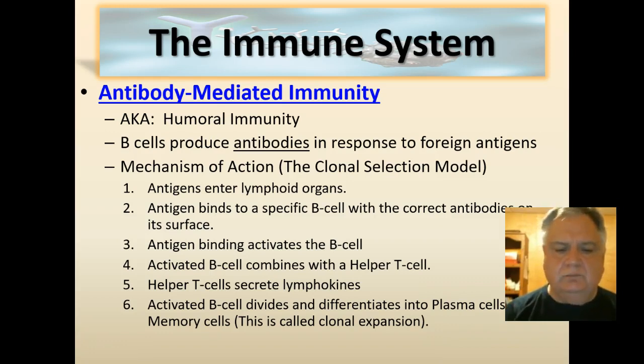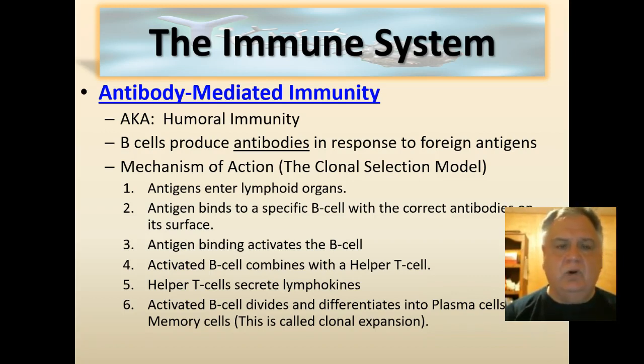Once the T cells secrete the lymphokines, let's turn our attention back to the activated B cell now that it has docked with the T cell. The B cell, in response to the cytokines, is going to begin to undergo mitotic divisions, and these cells will differentiate.